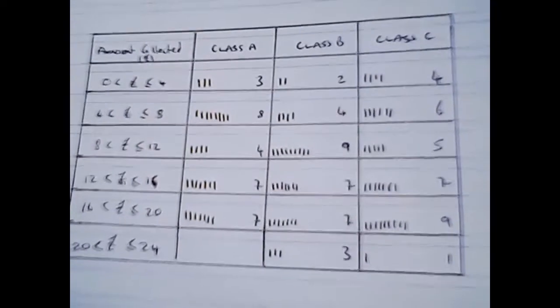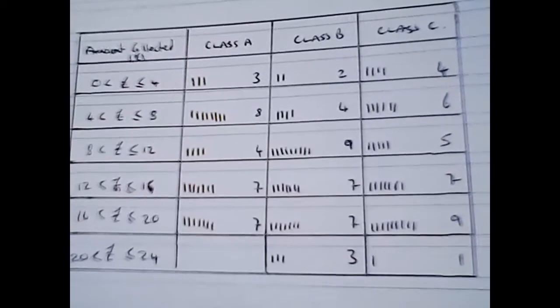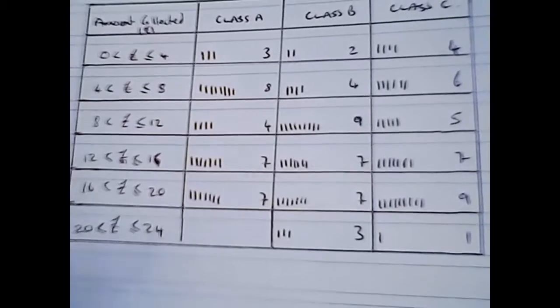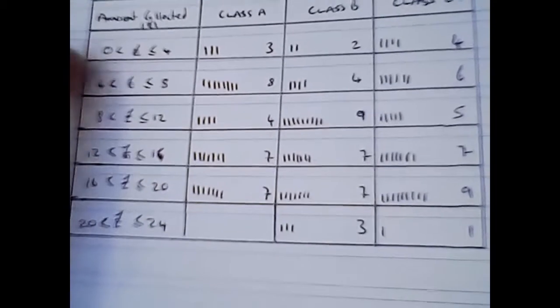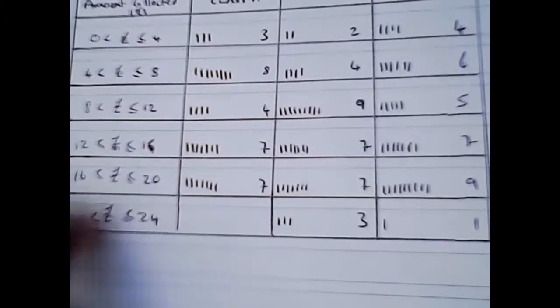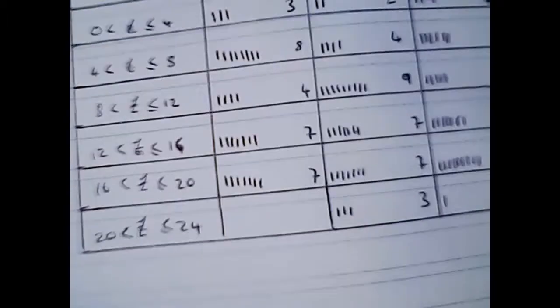I think it comes out with 6 groups, which is a nice number of groups. So basically I just went through, I did my 6 groups here between 0 and £4, 4 and 8 down here. And then I did a tally, just literally going through: 3, where does 3 go? 3 goes in this one here.